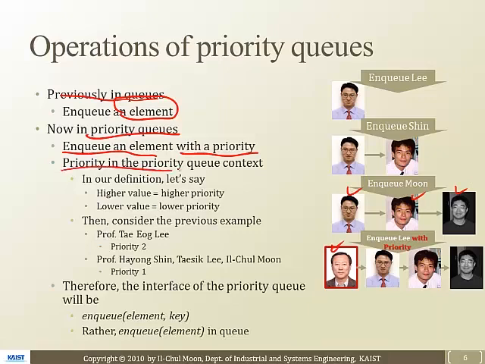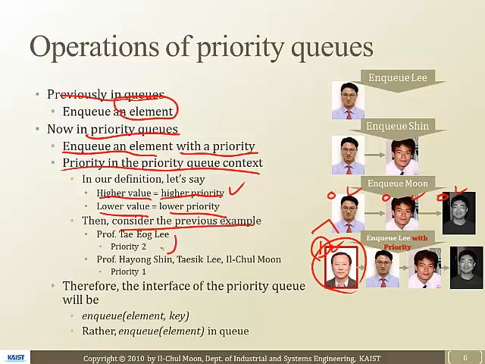In our definition, let's say that a higher value has higher priority, and a lower value has lower priority. For example, these three persons have 0 priority, and this particular person has 1 priority. This priority value is bigger than 0, so this person has a higher priority, and this person should get off first. Let's imagine that.